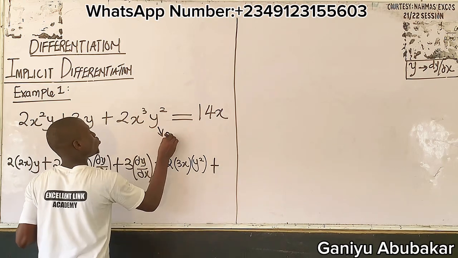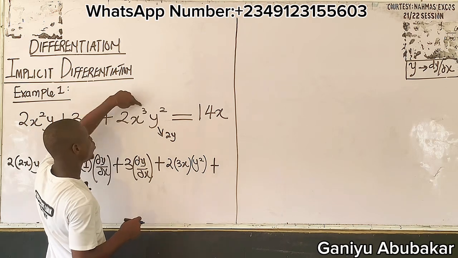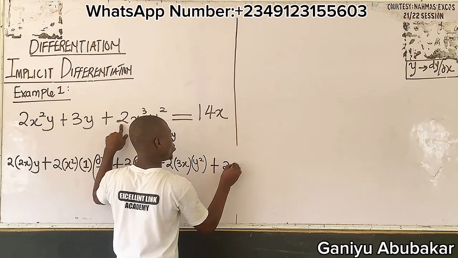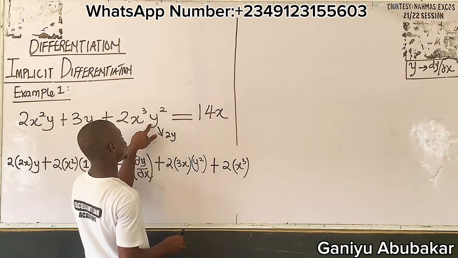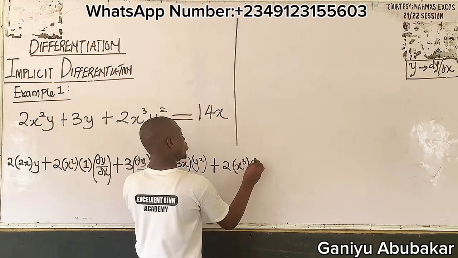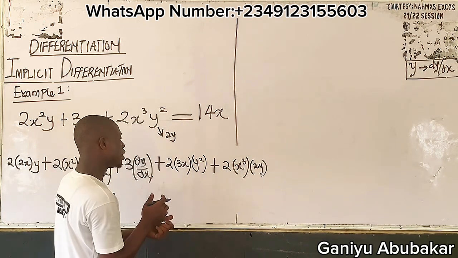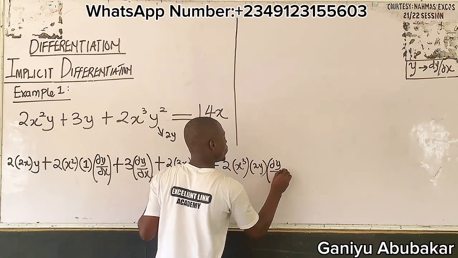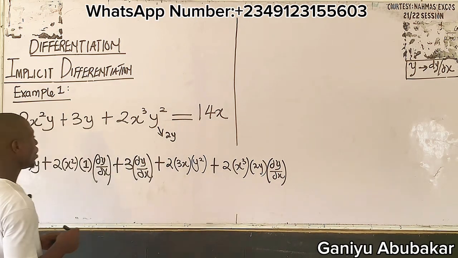This will give 2y after differentiation. So I don't need this one now. I need 1, 2, and 3. So that will give me 2 into x cubed, not this y squared again, but what? 2y. I have this. But don't forget that we just differentiated y, so I'll attach what? dy over dx to it. So I have this. Right?